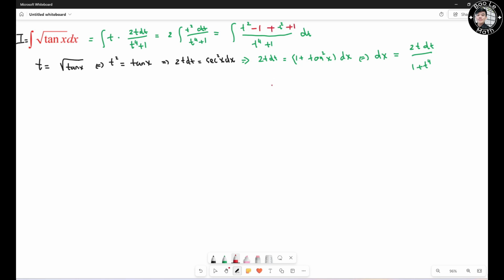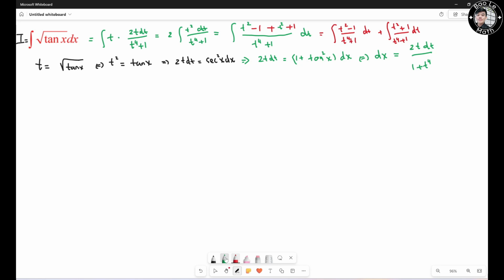And this turns out to be 2 times the integral of t squared minus 1 over t to the 4 plus 1 dt plus the integral of t squared plus 1 over t to the 4 plus 1 dt.